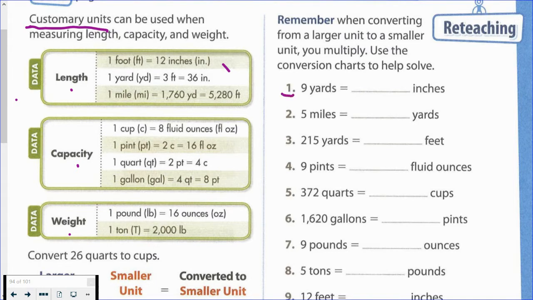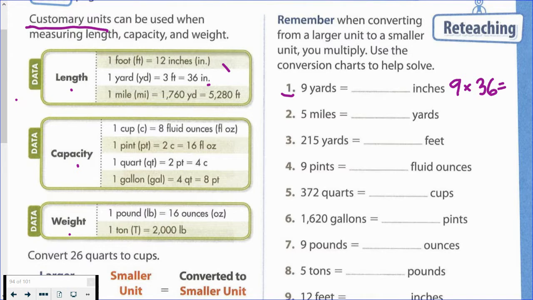So question number 1. We're being asked to convert 9 yards to inches. So use the conversions chart. Come over, find yards. So we know 1 yard is 36 inches. So let's think about this. 9 yards, we know there's 36 inches in each yard.